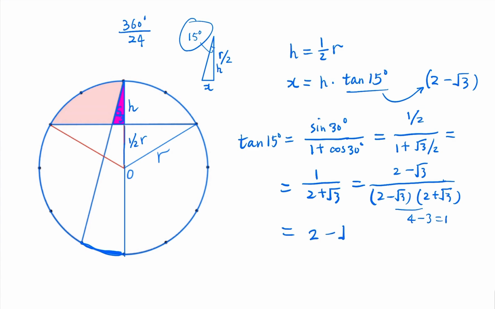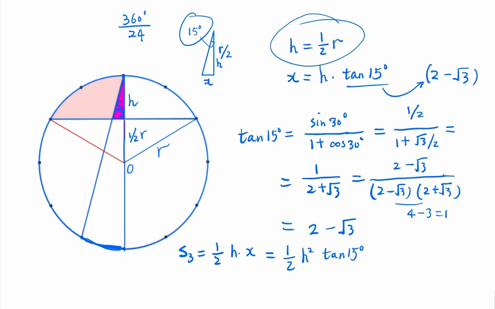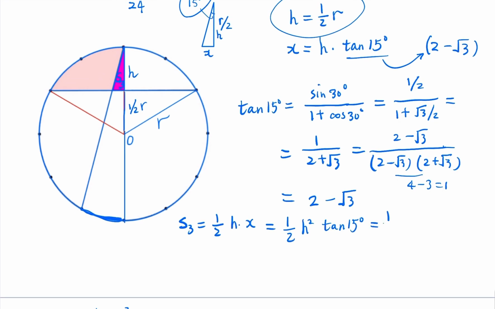So the whole thing equals 2 minus square root of 3. So S3 is 1/2 of H times X, which is 1/2 of H squared tangent 15 degrees, equal to 1/8 of r squared times 2 minus square root of 3.